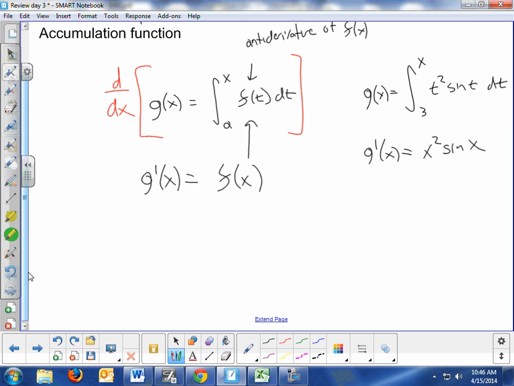So say I give you a question, what is the derivative of this? Or no, what if I say, what is the antiderivative of x cubed e to the x sine x?